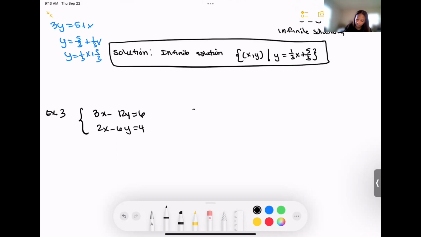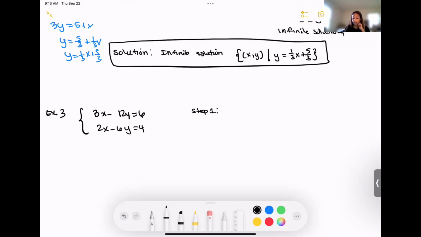To start this problem off, you want to pick one of these equations and try to solve for one of the variables. Either solve for x or solve for y, whichever you find easiest. Here, since neither of the variables have a coefficient of 1 in either of the equations, it doesn't really matter which equation you pick or which variable you start with.